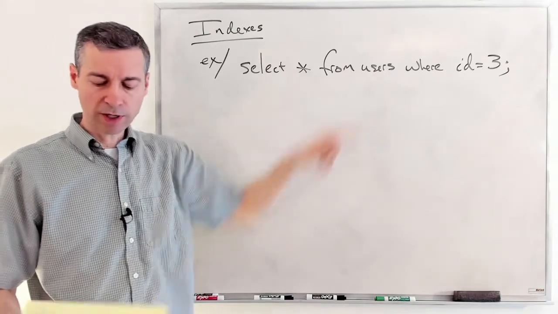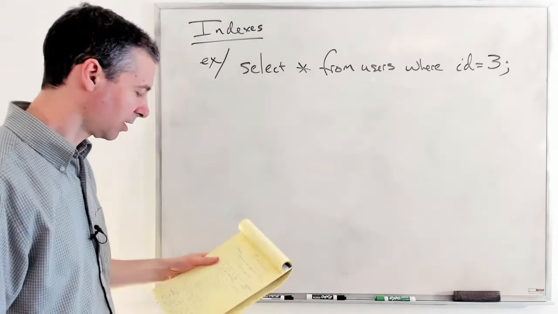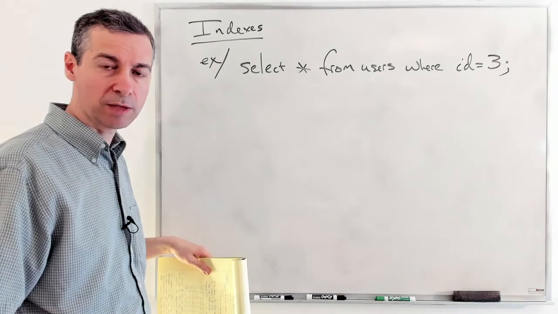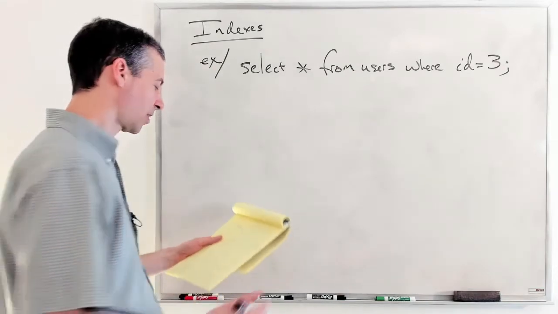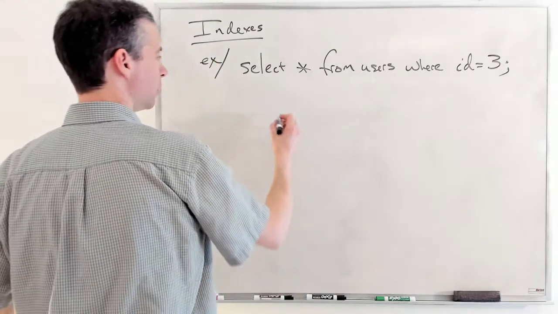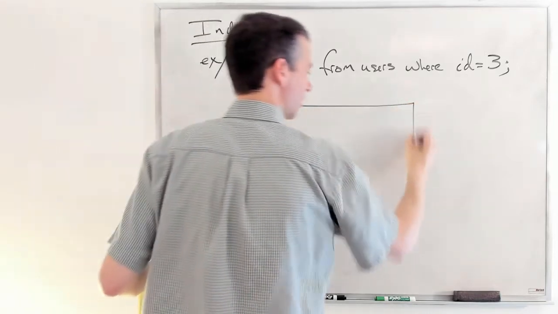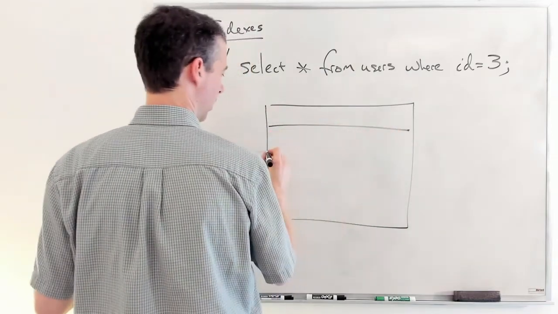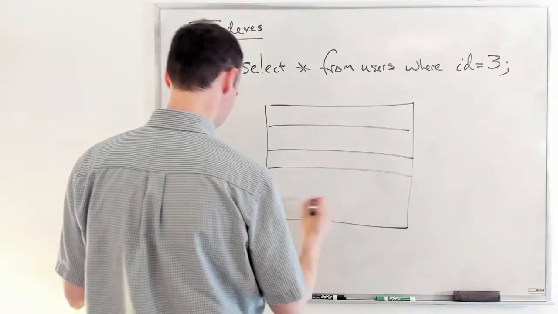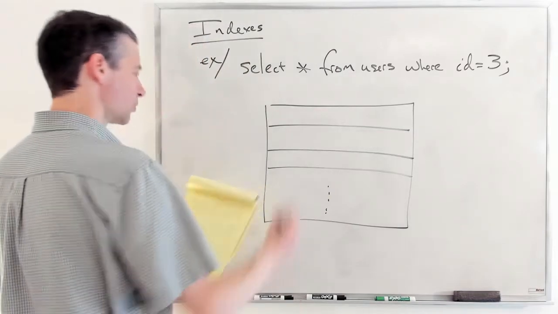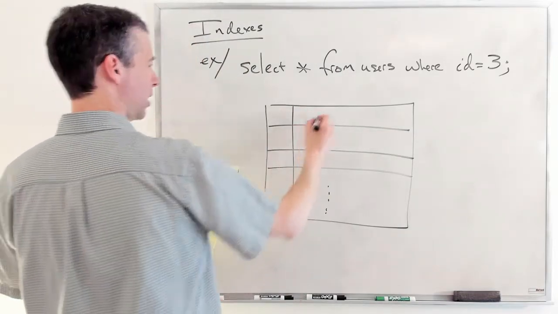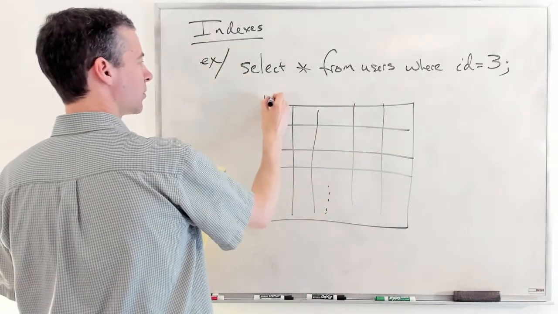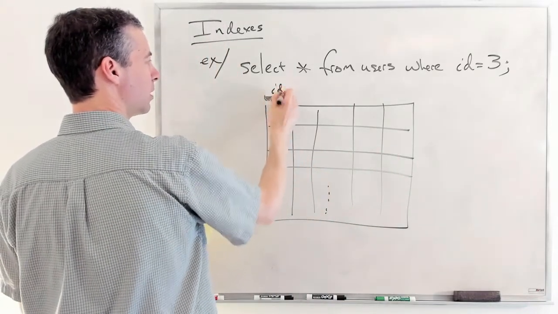Geez. So what does it do? Well, let's think about the way tables actually are. You can think of a table as stored on your hard drive or your SSD or whatever as follows: we have a bunch of columns, and one of these columns is that ID column.